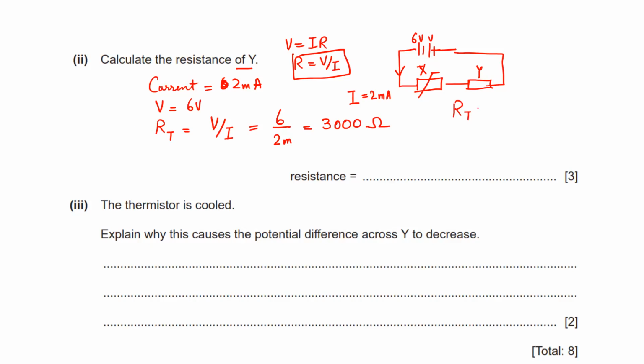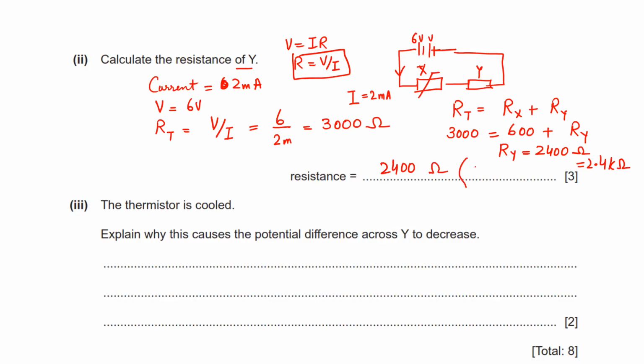This total series resistance is equal to the resistance of thermistor X plus the resistance of resistor Y. So I have the total value of 3000, the resistance of the thermistor is 600, plus the resistance Y, so Y is equal to 2400 ohms, or you can also write it as 2.4 kilo ohms. So do not forget to mention the unit.